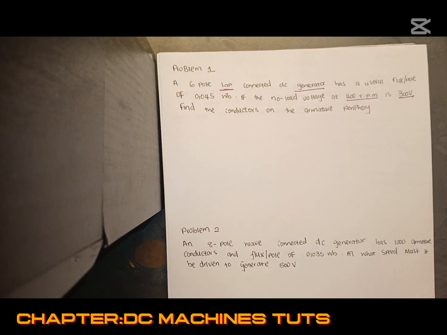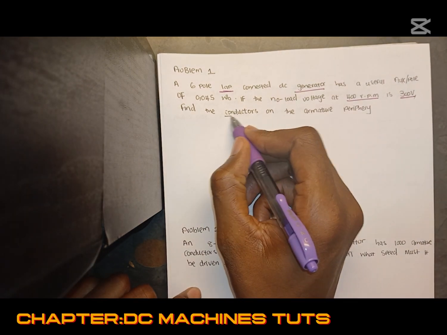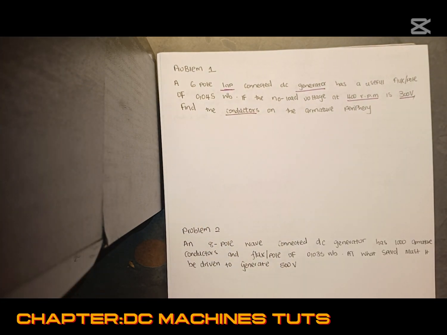Find the conductors on the armature periphery. As I told you guys, when they are looking for the total number of armature conductors, they can just ask you to find conductors. So you should know that they are looking for the total number of armature conductors.